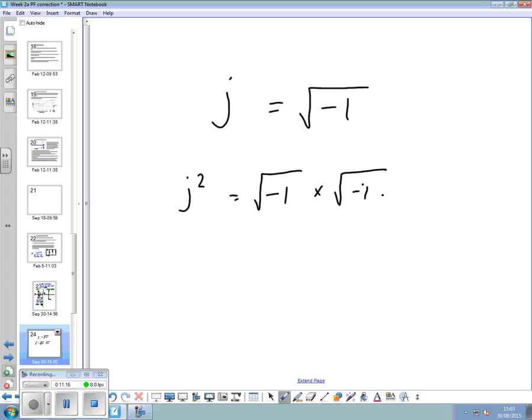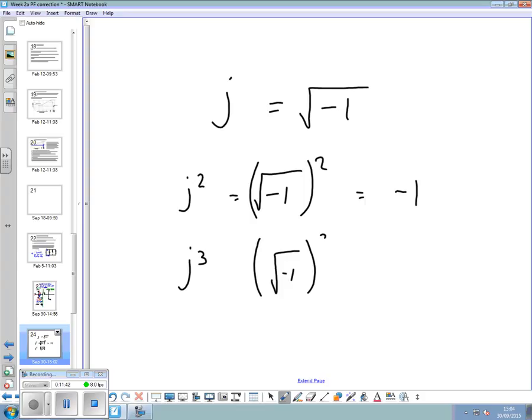Yeah, so if we square a square root, sorry, hang on, that's that squared, and what happens to the square root symbol if you square it? It disappears, we end up with minus 1. And that means we end up with that, and we end up with minus j.